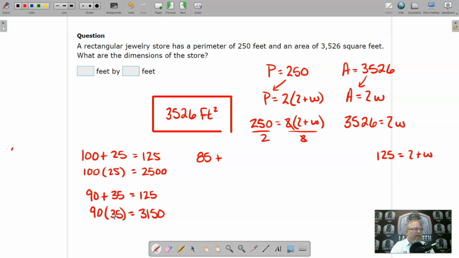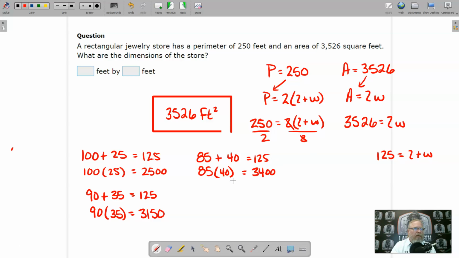So I went down 5, so I need to add 5, 40. So 85 plus 40, yep, that indeed equals 125. So what if I have 85 times 40? And when I do that, I'm going to get 3,400.